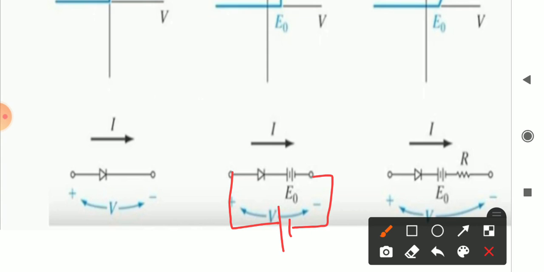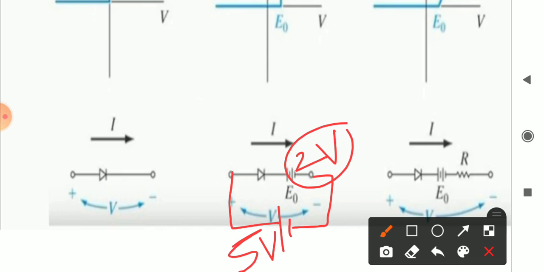Assume our offset voltage is 2 volt, and our supply voltage is 5 volt. When I start to increase my supply voltage up to 2 volts, it won't conduct.